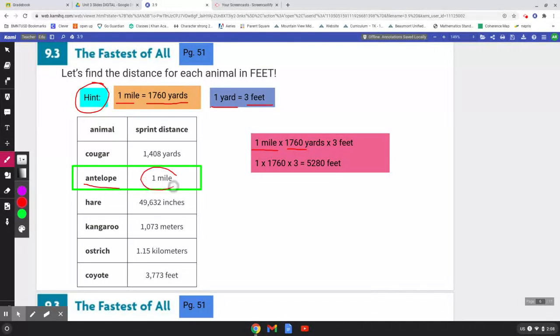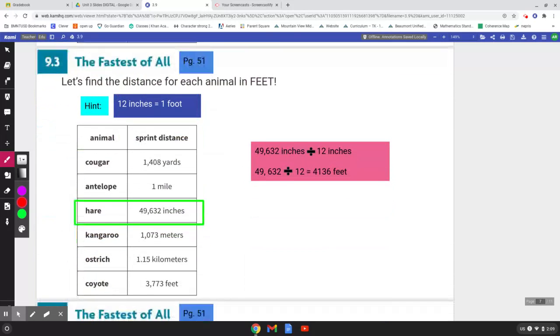Now I got the mile right there. And then I converted it to the 1760 yards, and then I'm going to multiply that to feet. So 1 times 1,760 times 3 would be 5,280 feet. So it would be 5,280 feet for the antelope.